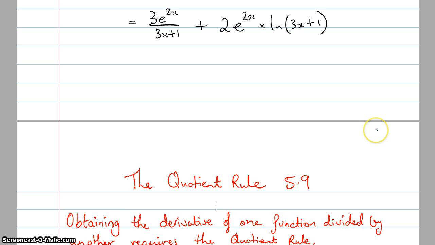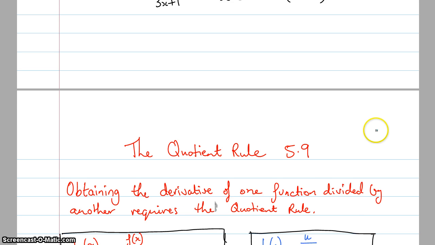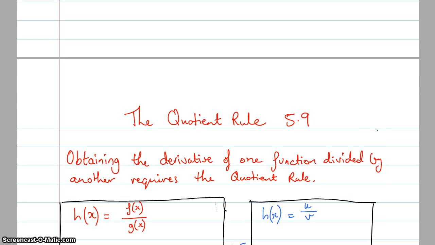Okay, so again, there's a couple of different ways that you can go about this. The final one is the way that I learnt it, but I'll show you the other couple of ways too, because I think they are helpful. Imagine if you've got h of x equals f of x over g of x, like I had before, x and sine x.